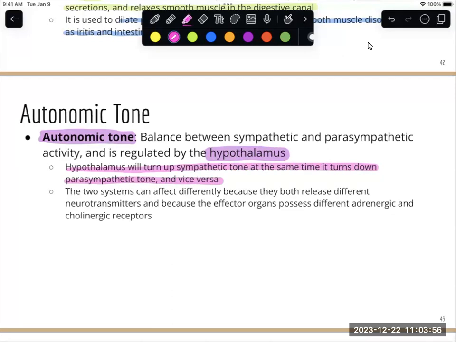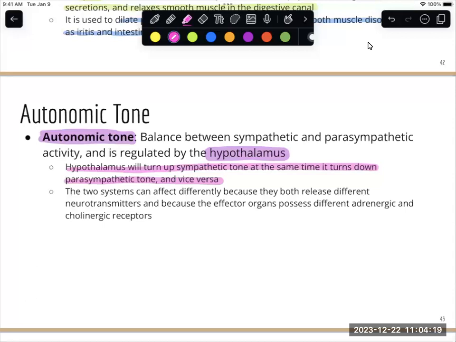Since these two systems, the sympathetic and the parasympathetic, release different neurotransmitters and cause different effects, we cannot have sympathetic and parasympathetic running at the same time. It's one or the other. So one gets turned up, the other one gets turned down.